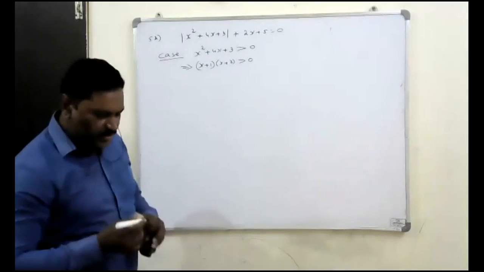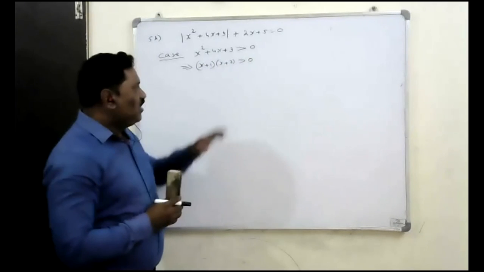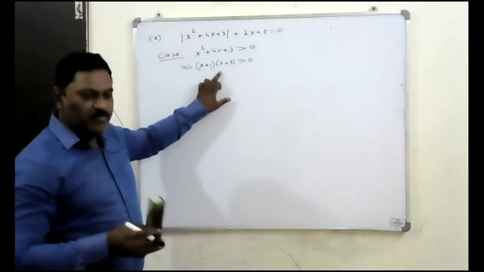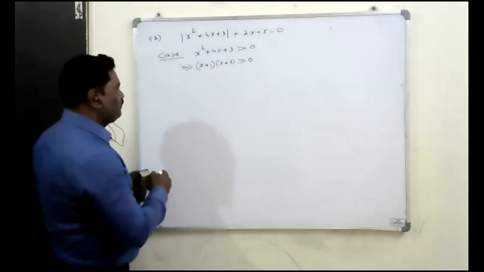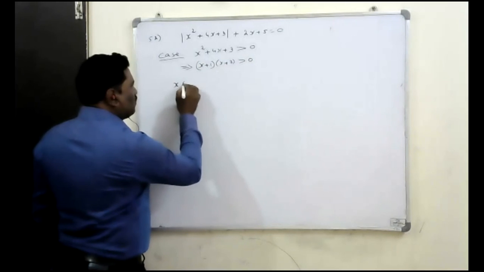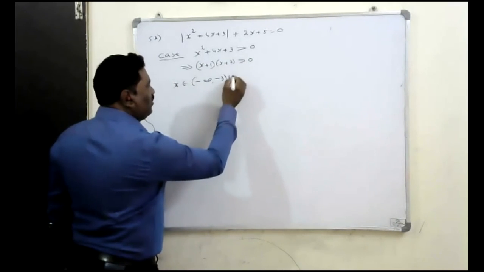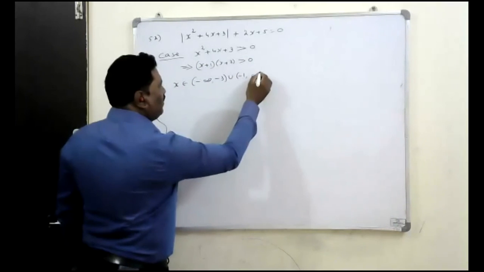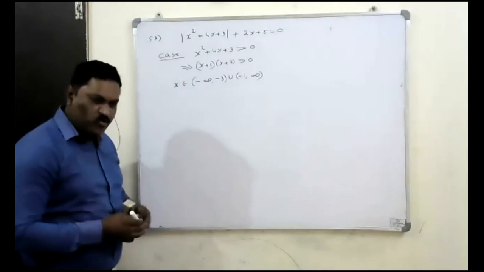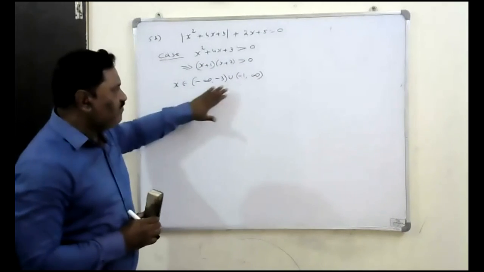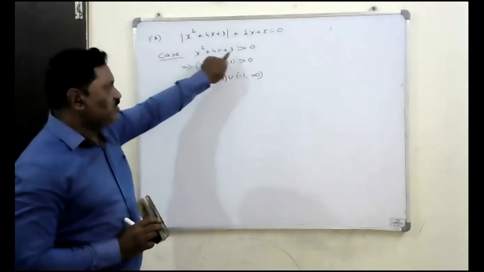Minus 3 and minus 1, right? If this product is positive, what is the interval for x? All real except between minus 3 and minus 1. So that is minus infinity to minus 3, union minus 1 to infinity. That means we have to take the x value in this interval only if this is positive.